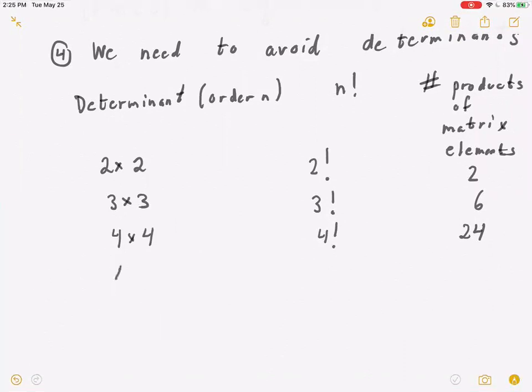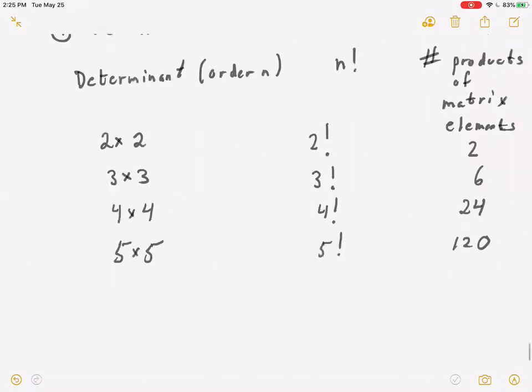So if you just scale this up just a little bit, for a 5x5 matrix, 5 factorial is 120. So there are 120 terms in the determinant of a matrix of order 5. They're going to be products of matrix elements, but they will comprise a term, and there'll be 120 of these terms.